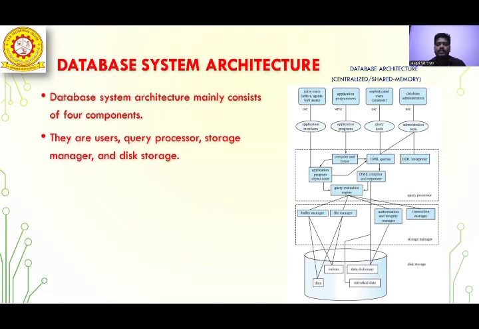First, users of a database system. There are different types of users in a database system: naive users, application programmers, sophisticated users, and database administrators. Naive users use predefined applications. Actually, they interact with the system through application interfaces.